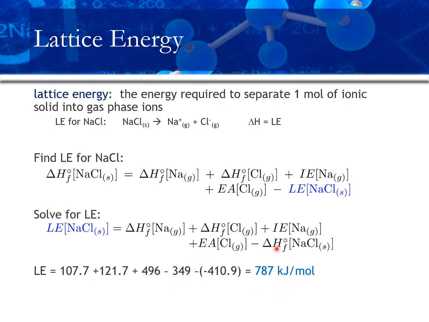And then finally, we can look up the heat of formation of sodium chloride. In Appendix C, it's minus 410.9 kilojoules per mole, and we subtract that. Adding all of those numbers up, we get 787 kilojoules per mole as the lattice energy for sodium chloride.